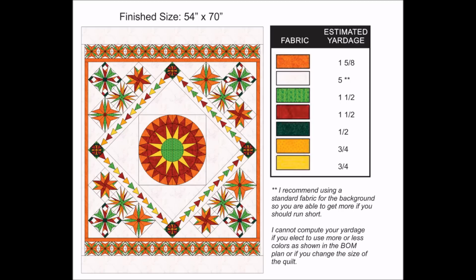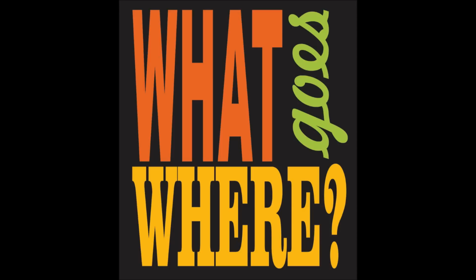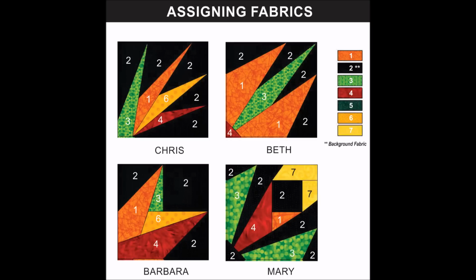Now, if you remember in our intro to paper piecing, you were given a list of what fabrics you would need in order to complete this project. Now the big question is, what goes where? Well, I'm sure you've heard of paint by numbers. I use the same premise when I'm assigning my fabrics.